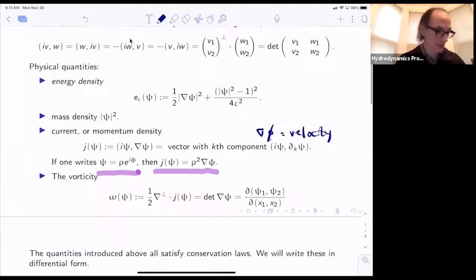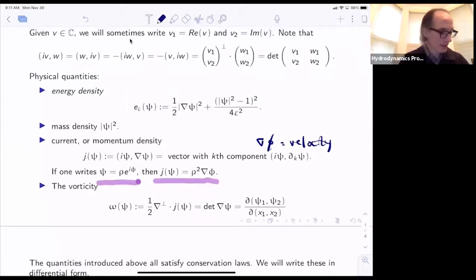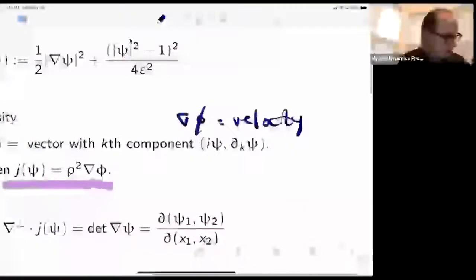Okay, so it's the continuum version of mv, if you like, where mv is momentum. And then finally the vorticity is defined in this way. And let's do this little calculation.